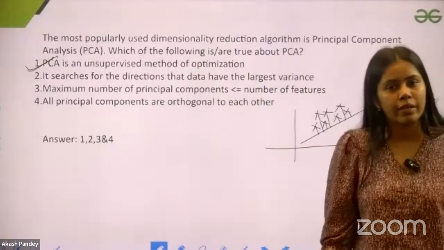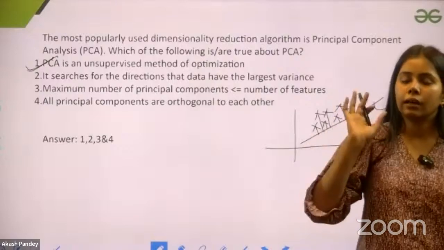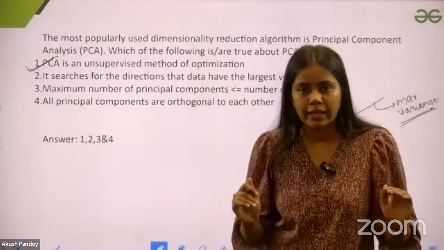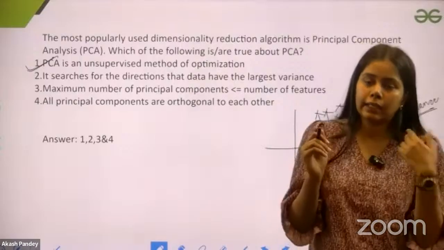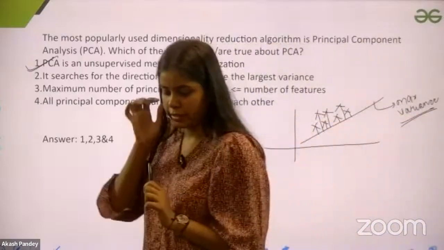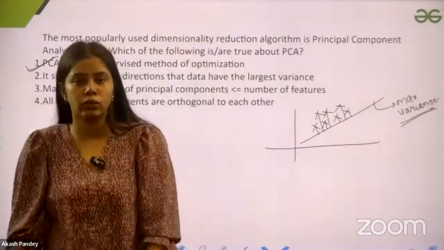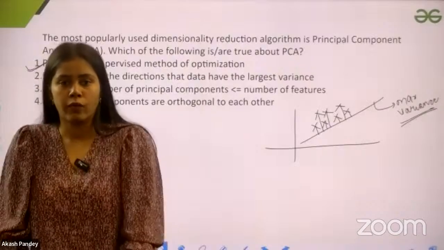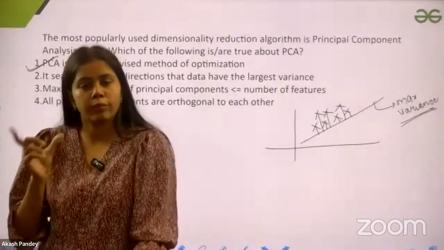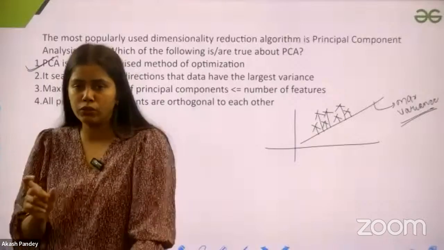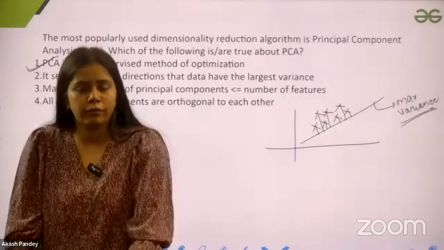If it is 5-dimensional, then I'll capture the dimension in which we have maximum variance, and that I call principal component 1. Let's suppose you have a 5-dimensional data set and you have to convert it into 3-dimensional. So how would you convert? First, you would capture the direction in which you have maximum variance, and that is your principal component 1. Using that, you would find your first feature.